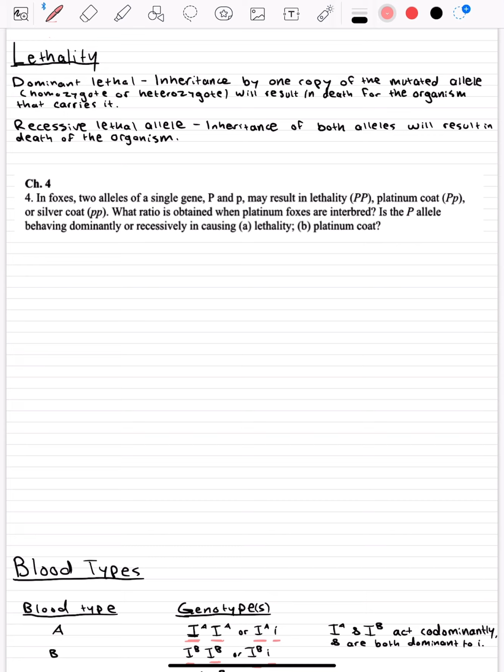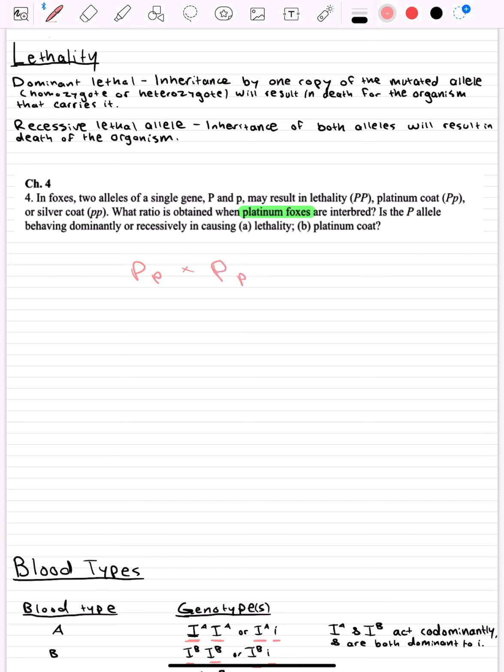Alright, so right off the bat, we're going to be crossing two foxes that are platinum. The platinum genotype would be big P, little p, crossing that with another platinum individual, big P, little p.